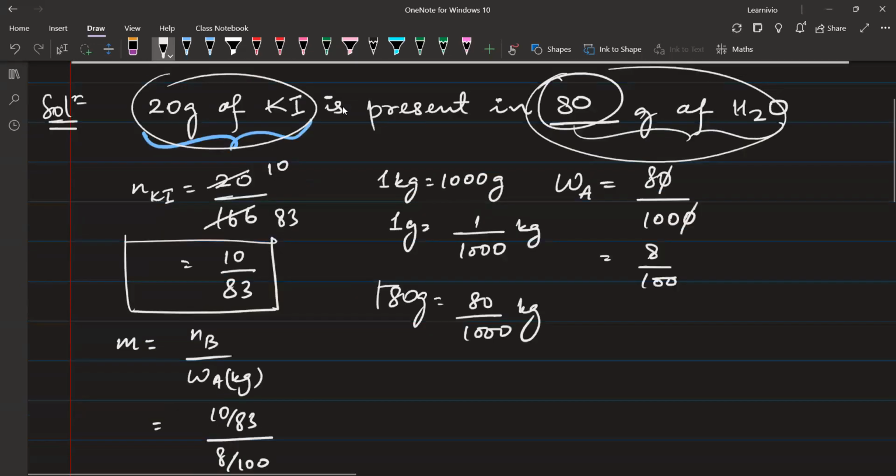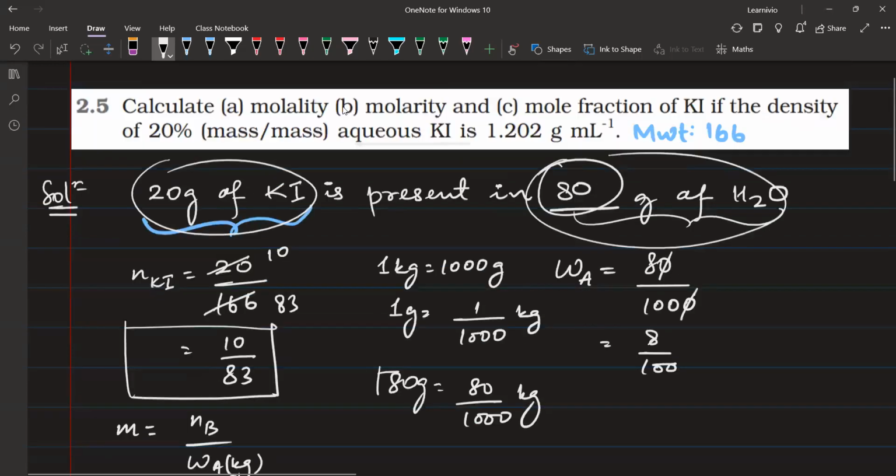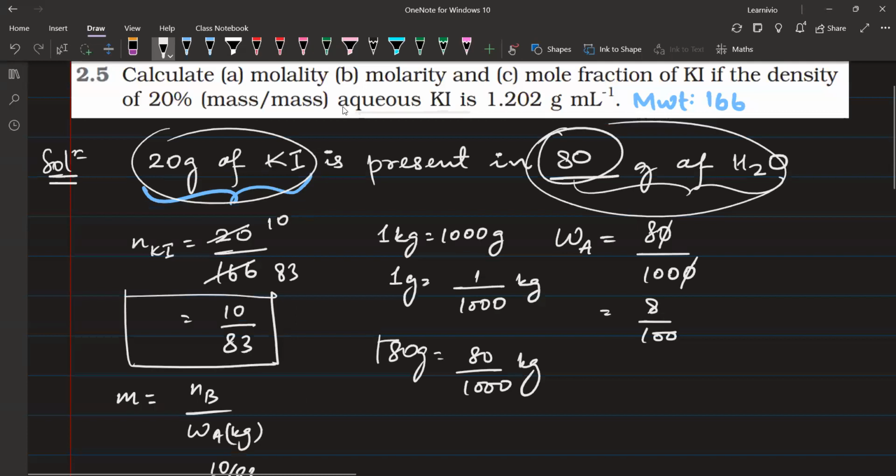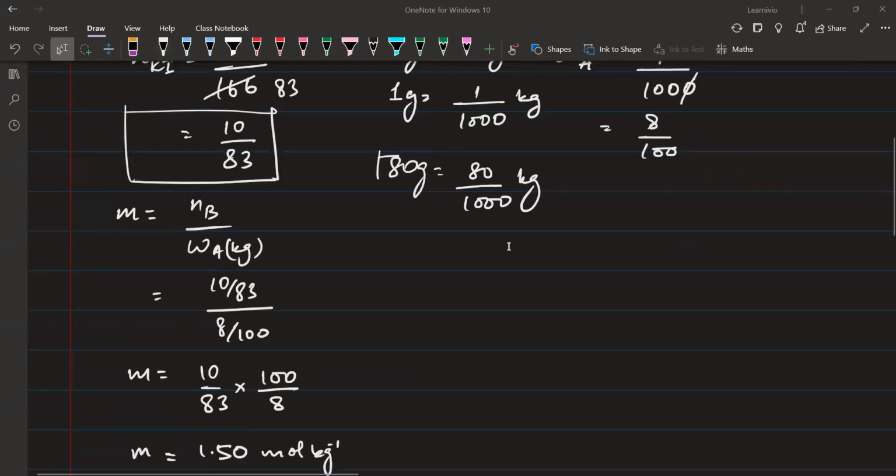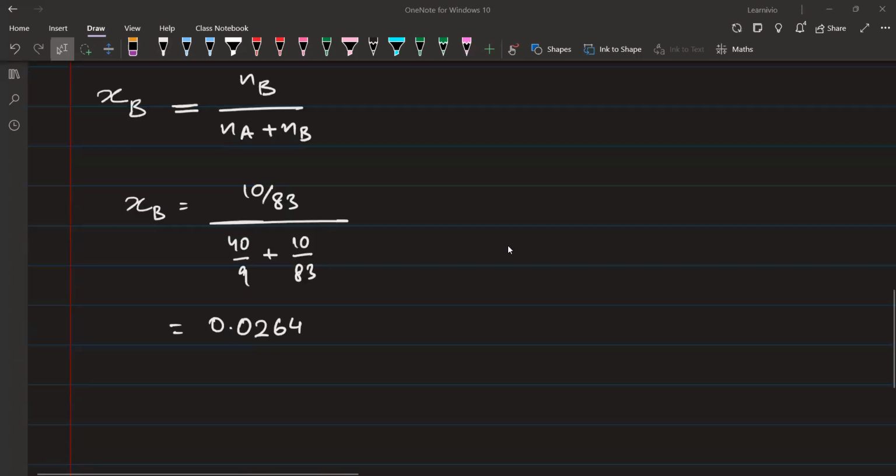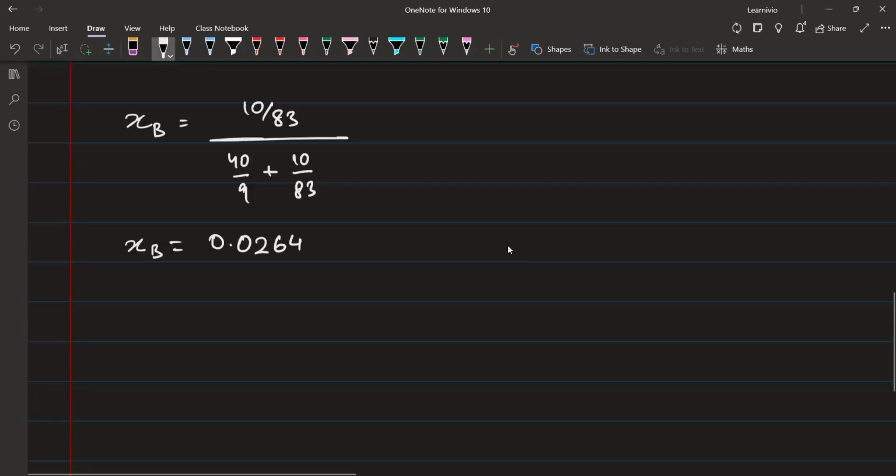Molarity, 20 kg, 1/10/83, that is fine. 80 times 80/100, 8/100, that's also fine. So chi b is equal to 0.0264.